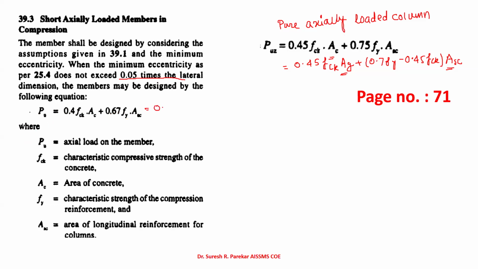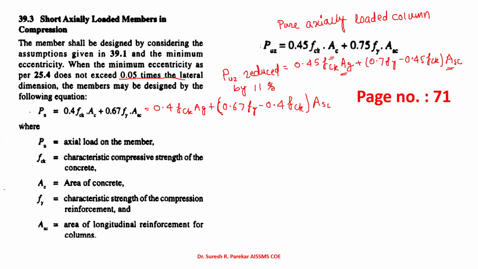We can write this as 0.4 fck Ag in the same fashion plus (0.67 fy minus 0.4 fck) into Asc. So this value is reduced. Puz is reduced by about 11% to accommodate the moment developed due to minimum eccentricity.